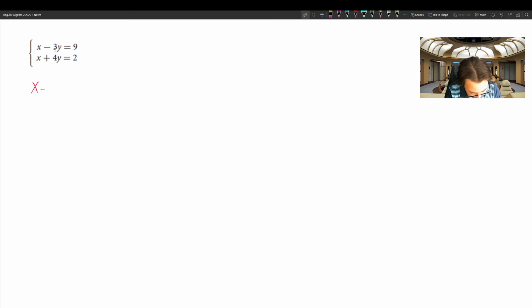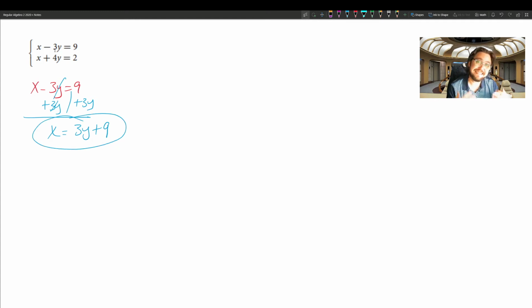So x minus 3y equals 9. If I add 3y to both sides, I get that x equals 3y plus 9. So you see how last time I started solving for y equals, this time it's x equals. It doesn't really make a difference. So I'm going to take this, and I'm going to plug it into the equation I didn't use yet, which is the bottom one.